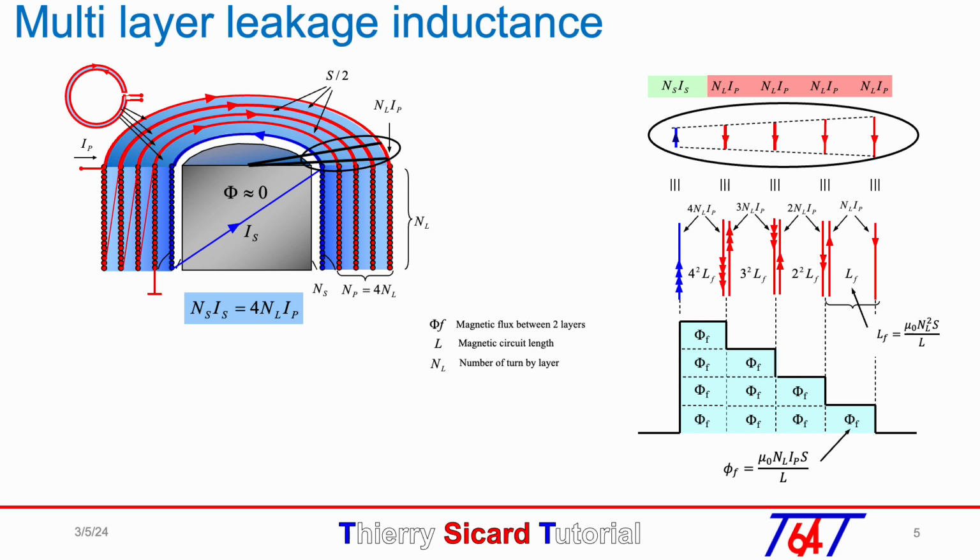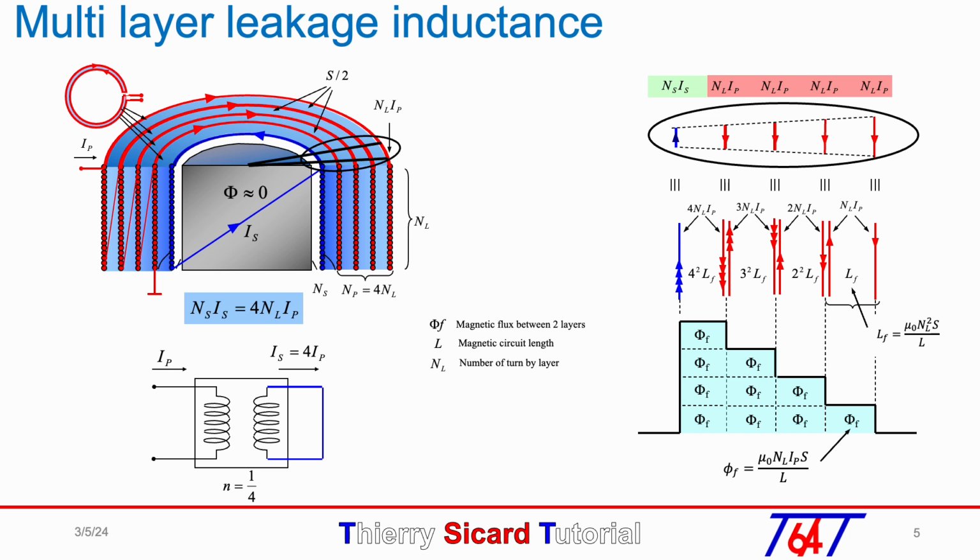The leakage inductance from the primary side is LF times 1 plus 2 squared plus 3 squared plus 4 squared. So the sum of the squared numbers is n times n plus 1 times 2n plus 1 divided by 6.